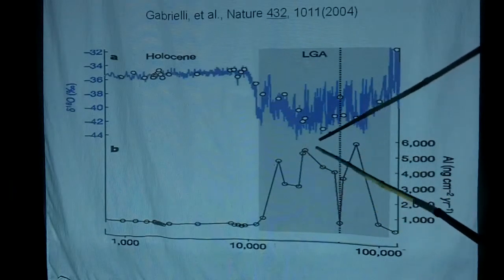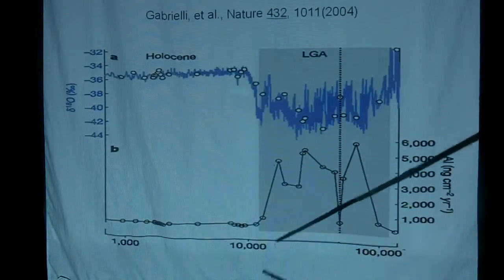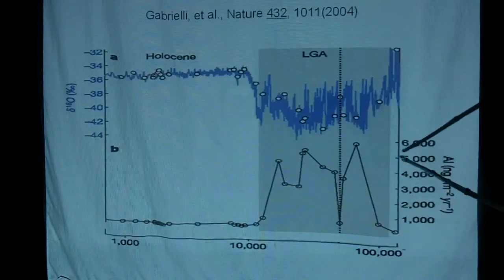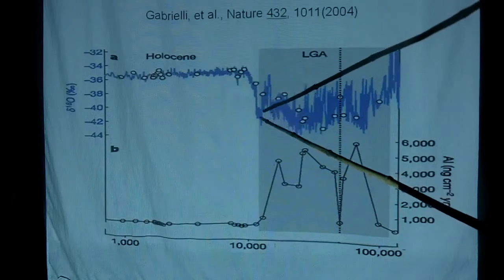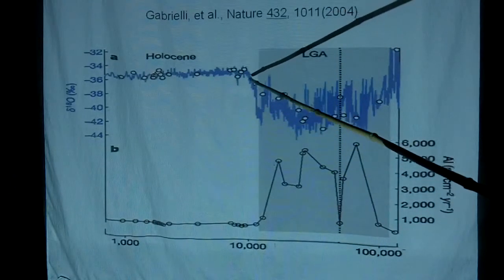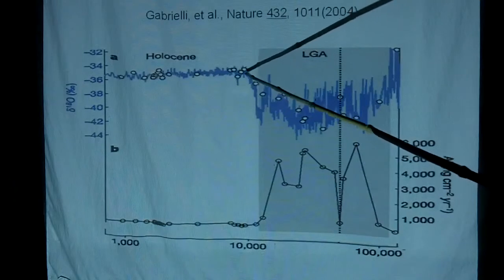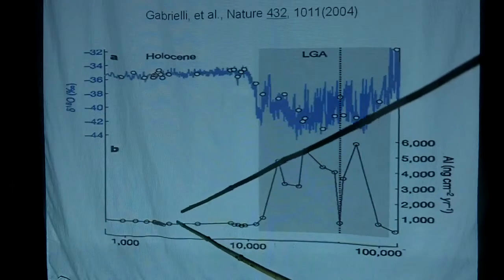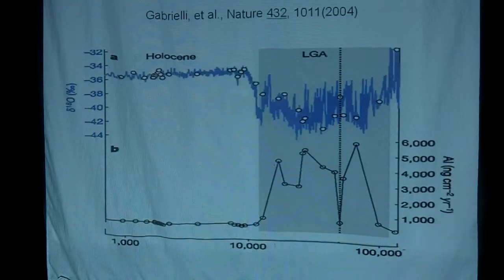And so most of the time during the cold spell, it was 4,000 to 6,000 nanograms accumulation rate. And then when the ice age dissipated and things warmed up, then there wasn't any more transport of aluminum to the Antarctic ice.